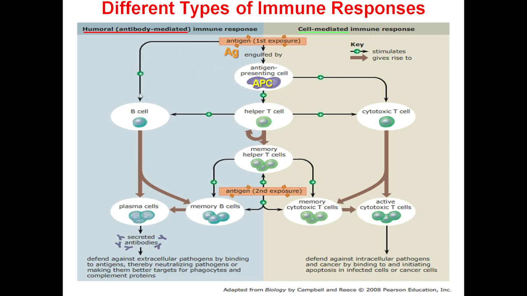B cell, if before it recognizes antigen by the immunoglobulin receptor, and after that is stimulated by the humoral signal of the helper cell in the form of interleukin 4 and 5, these B cells start proliferation, and the majority of these cells are transformed to the finally, completely matured form of the B cells that is named plasma cell.